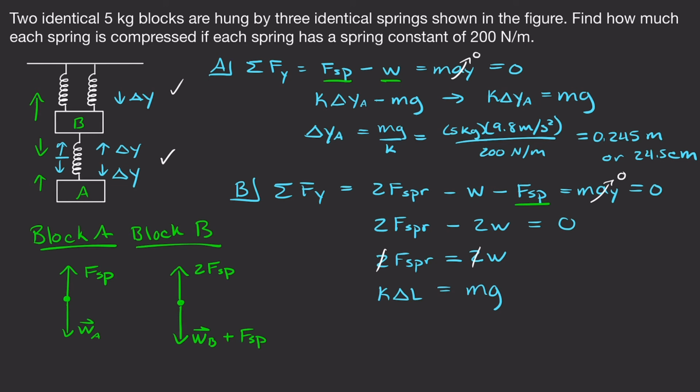So instead of delta L, I guess I should write delta Y. And this is for the springs above B. But delta Y B is just mg over K. And since the mass of the 2 blocks are identical and the spring constants are also identical, these springs are also going to stretch 0.245 meters or 24.5 centimeters. Okay.